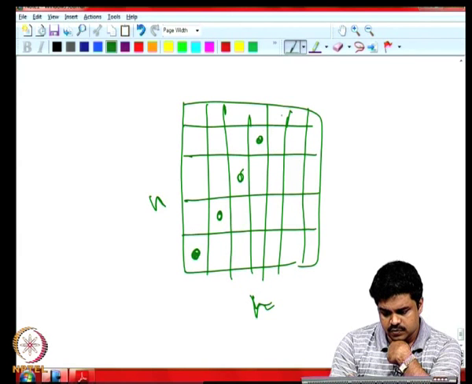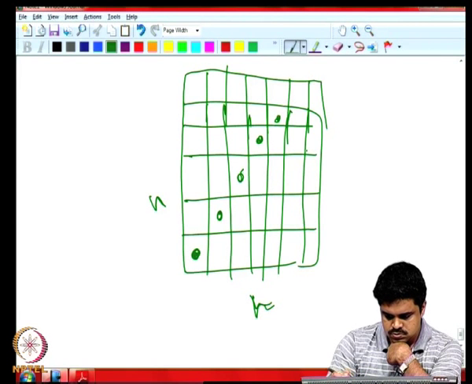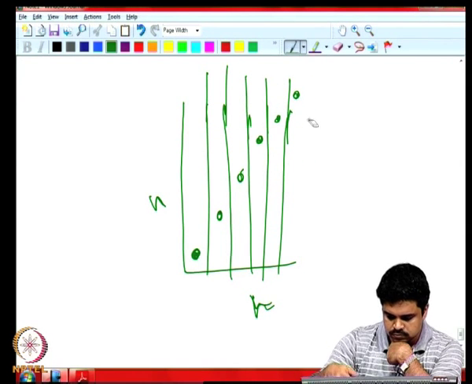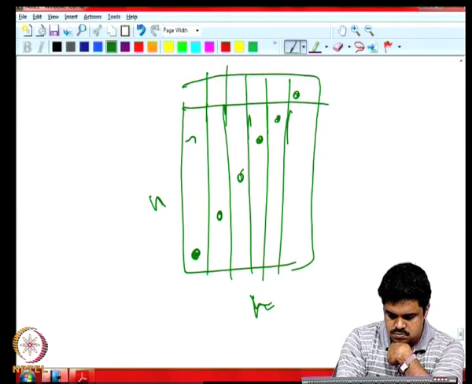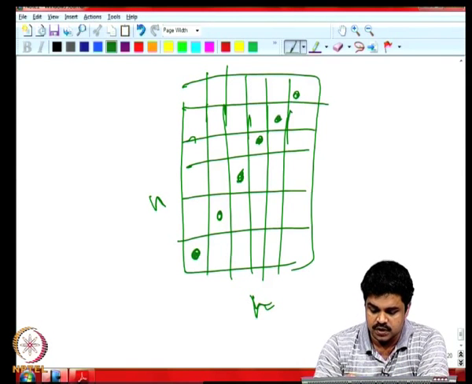This is a non-attacking configuration, right. So, maybe we can put a little more. One here. Right. So, this is a non-attacking configuration of the rooks.